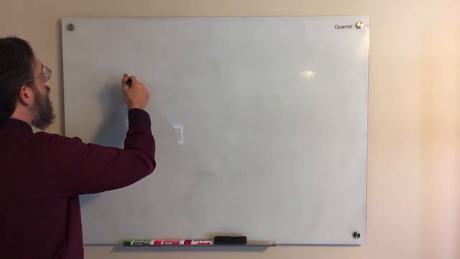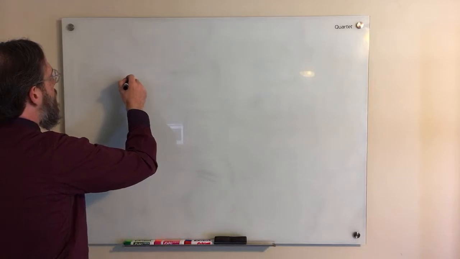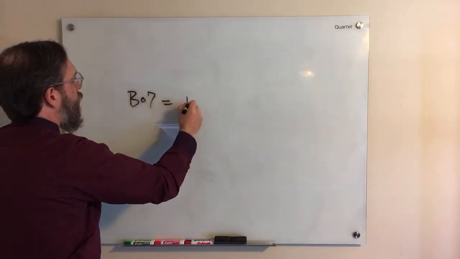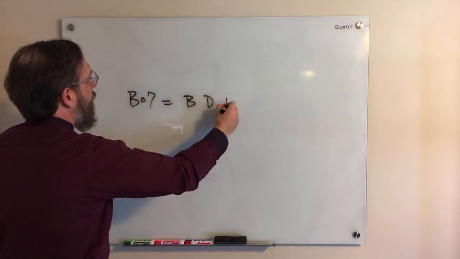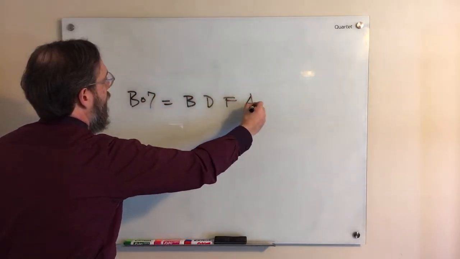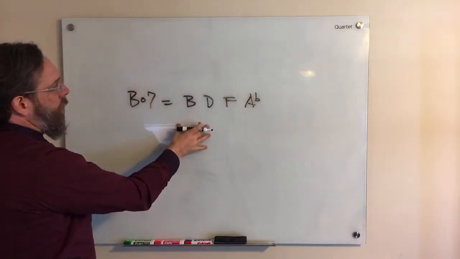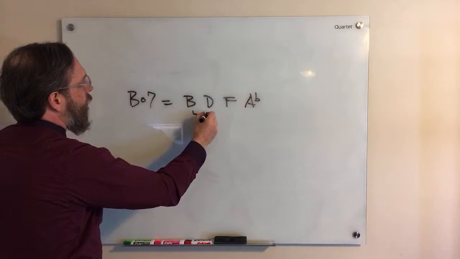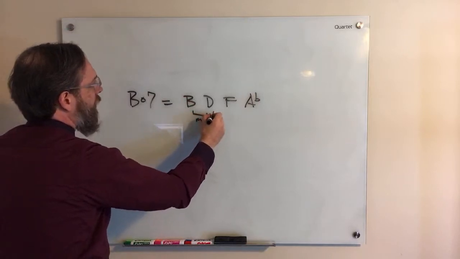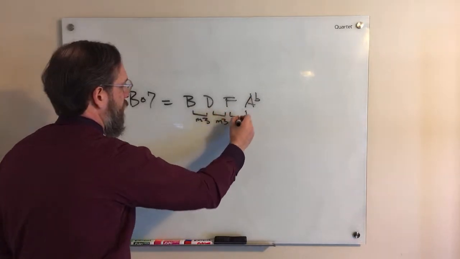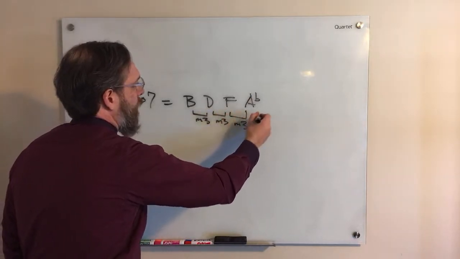So any diminished seventh chord, let's go with B diminished 7, would be B, D, F, A flat. What's unique about diminished 7 sonorities is that every interval is the same. This is different than other seventh chords that are a mixture of different intervals.